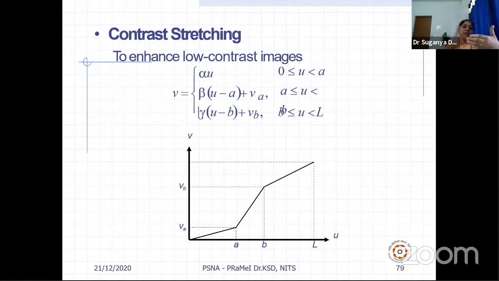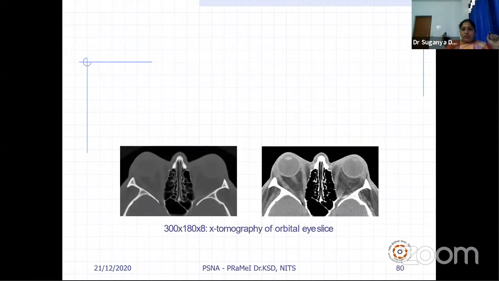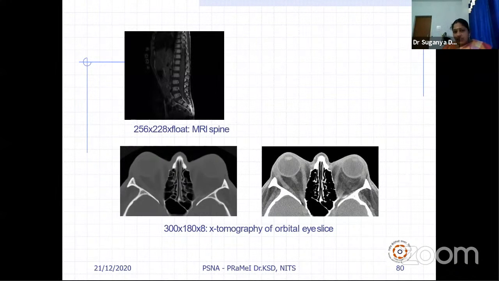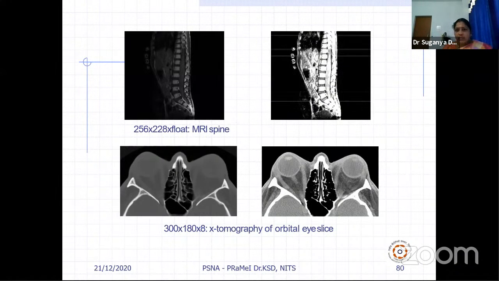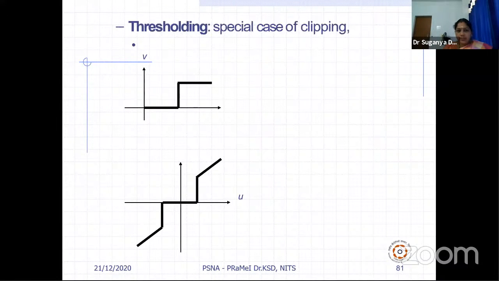If I have all the pixels in one area, either on the darker side or on the brighter side, then I'll go for contrast stretching and spread the pixels out equally. That is called contrast stretching, right? Here the first is the darker image, so I am using contrast stretching and making it brighter.